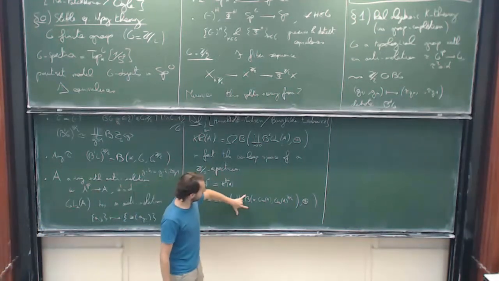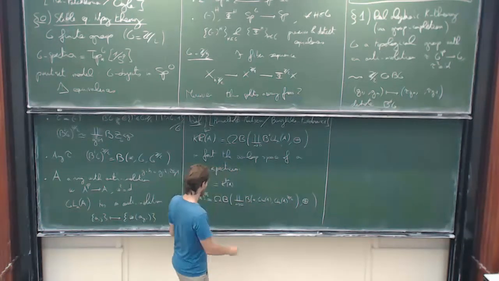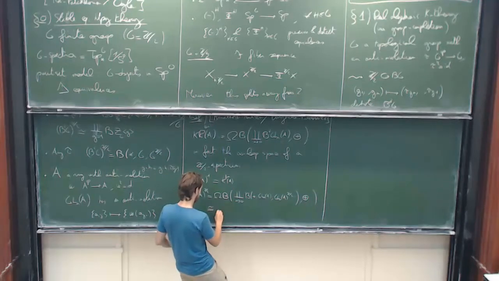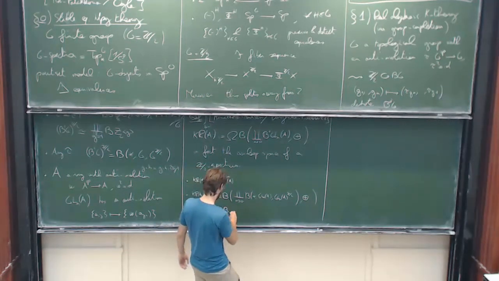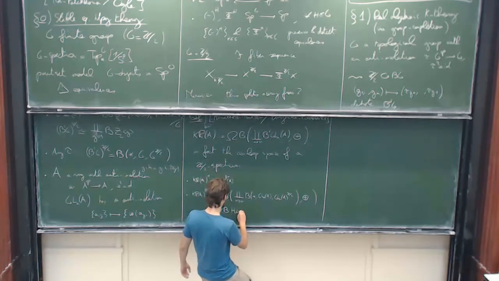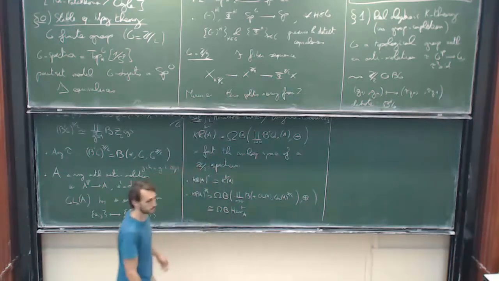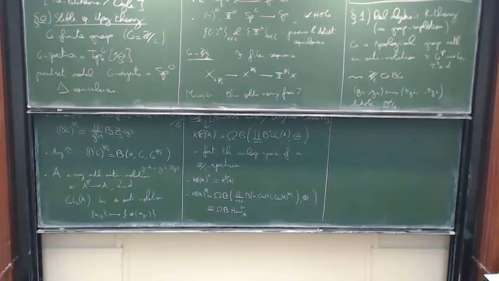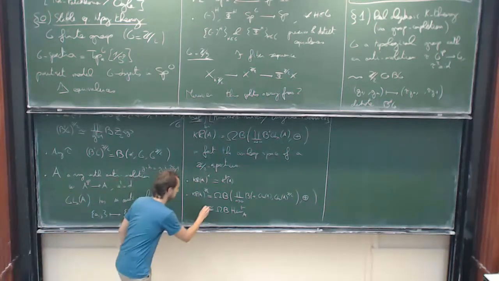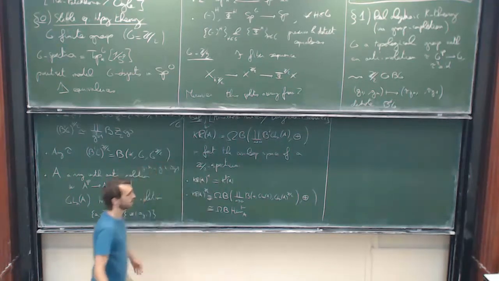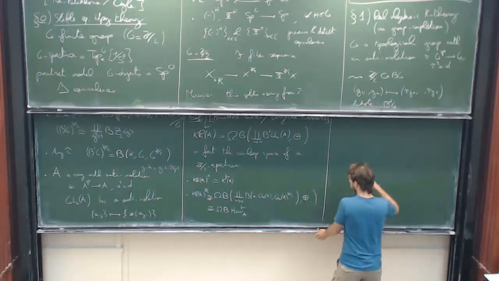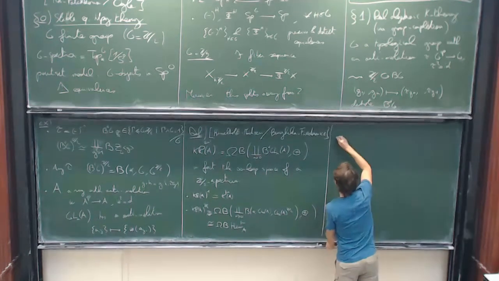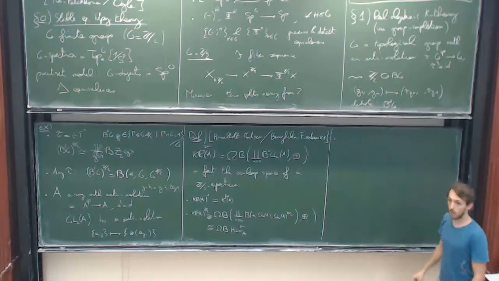And now if you think a little bit about how the bar construction goes, you can find that this is actually isomorphic to the group completion of the category of Hermitian forms over free A-modules. And this is really Burghelea-Fiedorowicz. So we bundled up K-theory and Hermitian K-theory into one object.